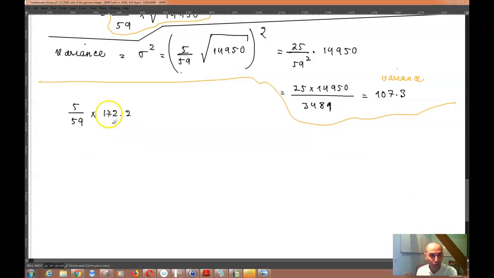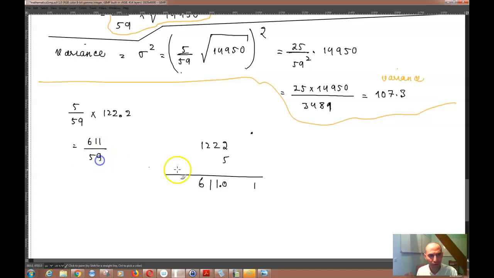So 122.2 times 5, with a decimal point, you'll get 611 divided by 59. That is the same thing as 611 divided by 59.